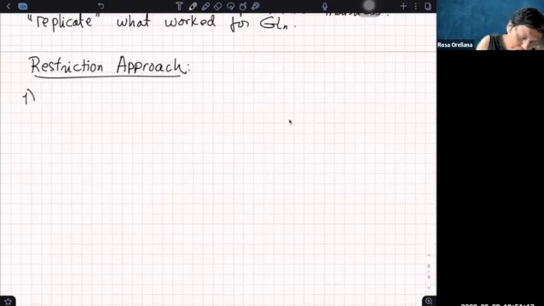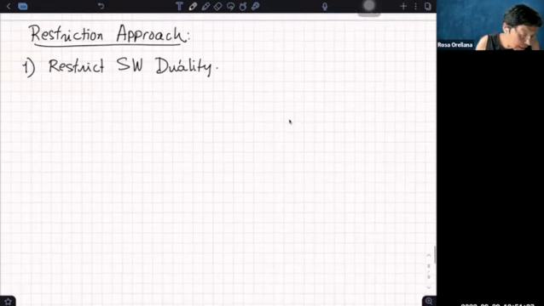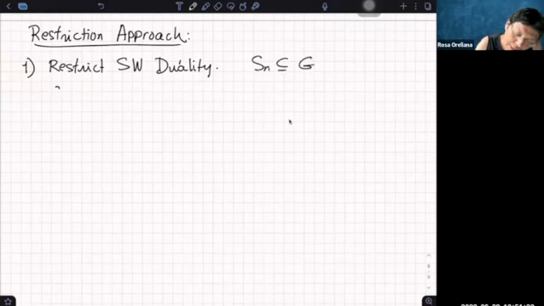So the first order of business was to restrict the Schur-Weil duality. Since I'm thinking of the symmetric group Sn as being contained in GLn, I'm going to think that Sn acts diagonally on V tensor k.